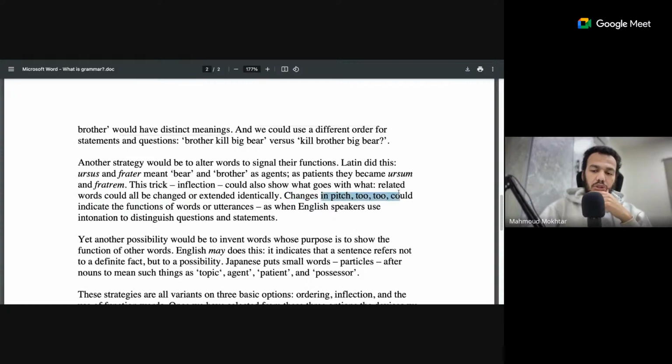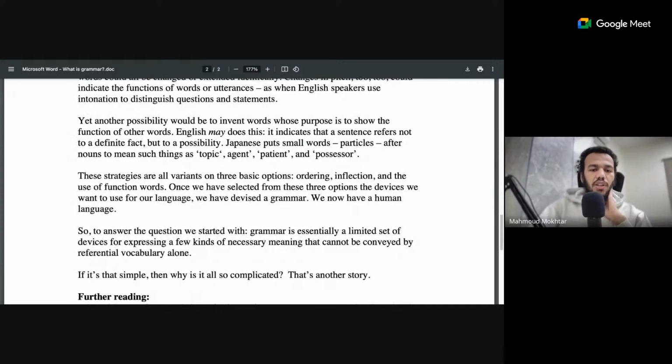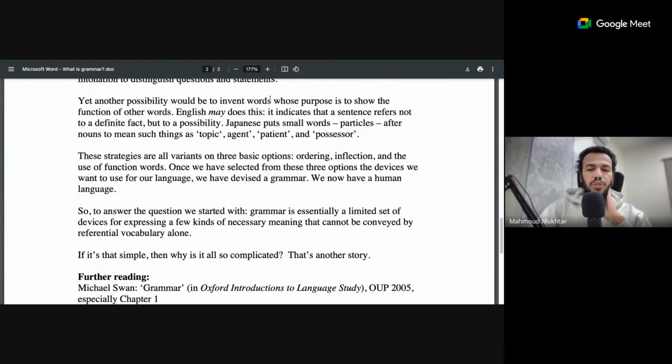Change in pitch could indicate the functions of words or utterances, as when English speakers use intonation to distinguish questions and statements. Yet another possibility would be to invent words whose purpose is to show the function of other words. English may does this.